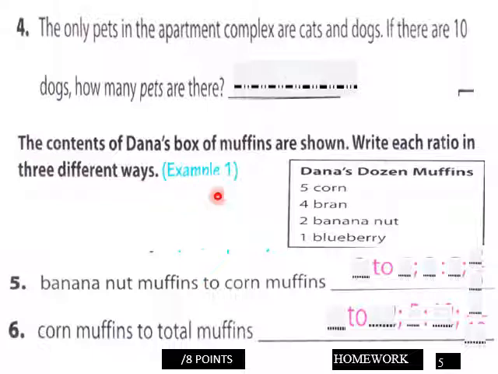Write each ratio in 3 different ways. Dana's dozen muffins: 5 corn, 4 bran, 2 banana nut, and 1 blueberry. And then corn muffins to total. So fill in your blanks here, 3 different ways.